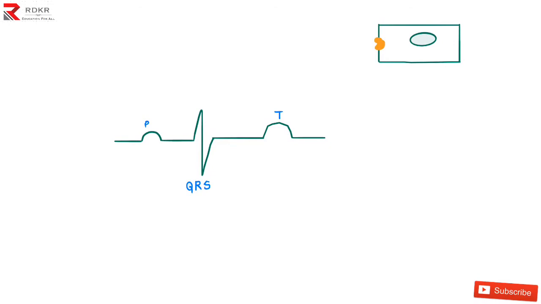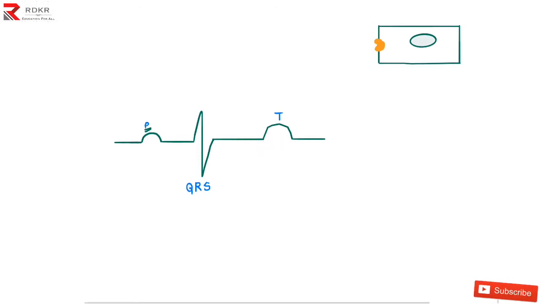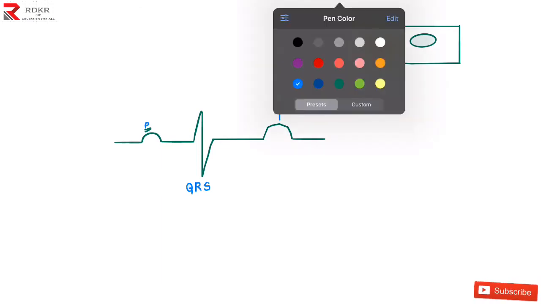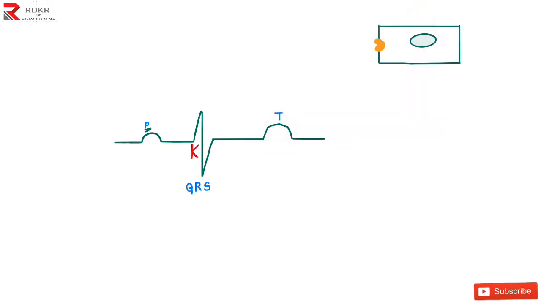This is the basic ECG: the P wave is atrial depolarization, the QRS is ventricular depolarization, and later the T wave tells you about ventricular repolarization. On the ECG, from the Q wave up to the T wave, it is the start of the ventricular depolarization, and after that ventricular repolarization is completed.